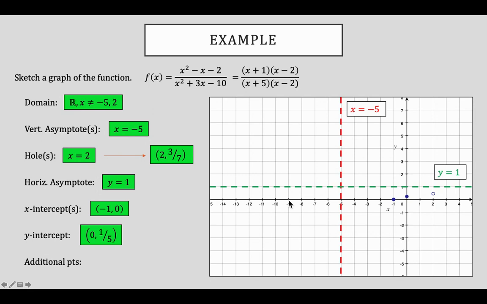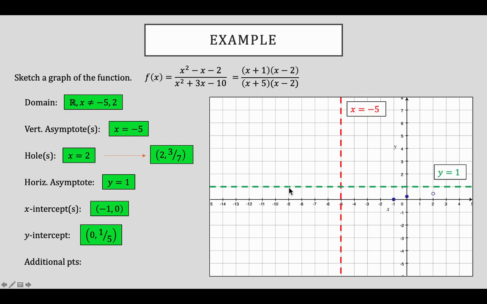You could also plug in any of these values of x that are to the left of -5. So if I plug in -9, and you can do this in the simplified form where we have these common factors canceled out, -9 plus 1 gives me -8, -9 plus 5 gives me -4, -8 divided by -4 gives me a +2.